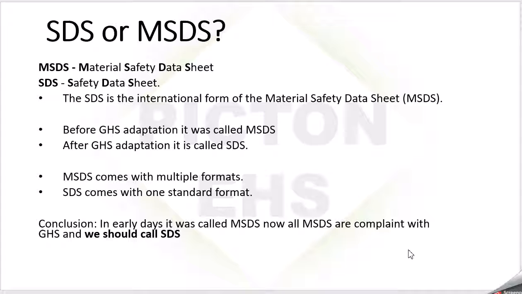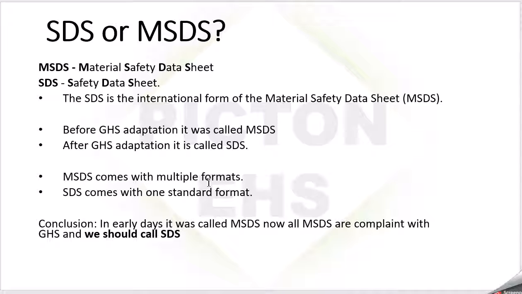Point number 2: SDS or MSDS, which one is correct? Actually, MSDS stands for Material Safety Data Sheet and SDS stands for Safety Data Sheet. The SDS is the international form of the Material Safety Data Sheet. Before GHS adoption, it was called MSDS, but after GHS adoption, it is called SDS.